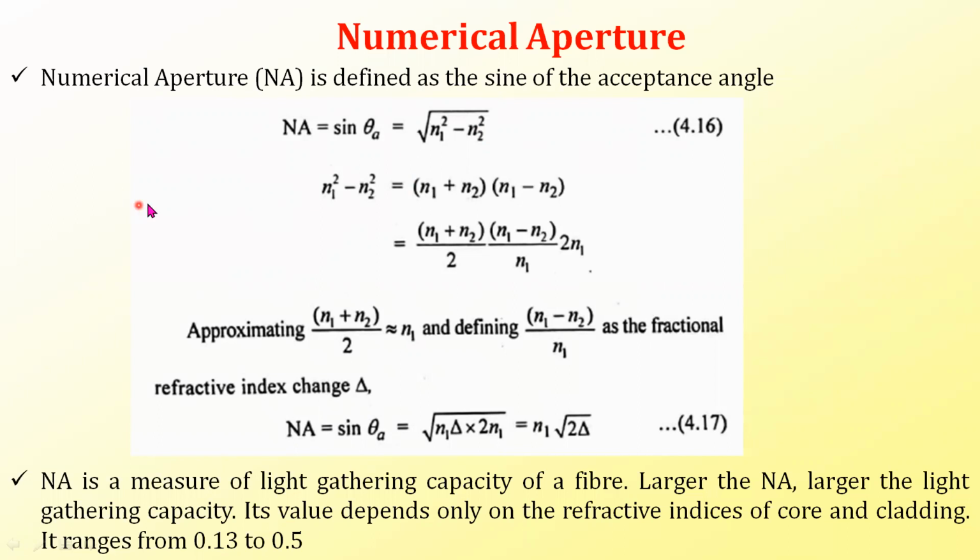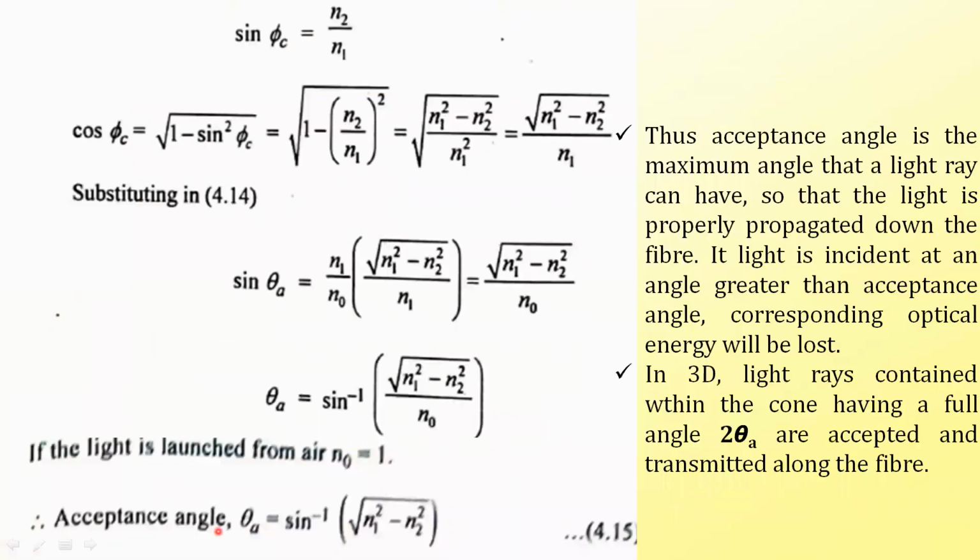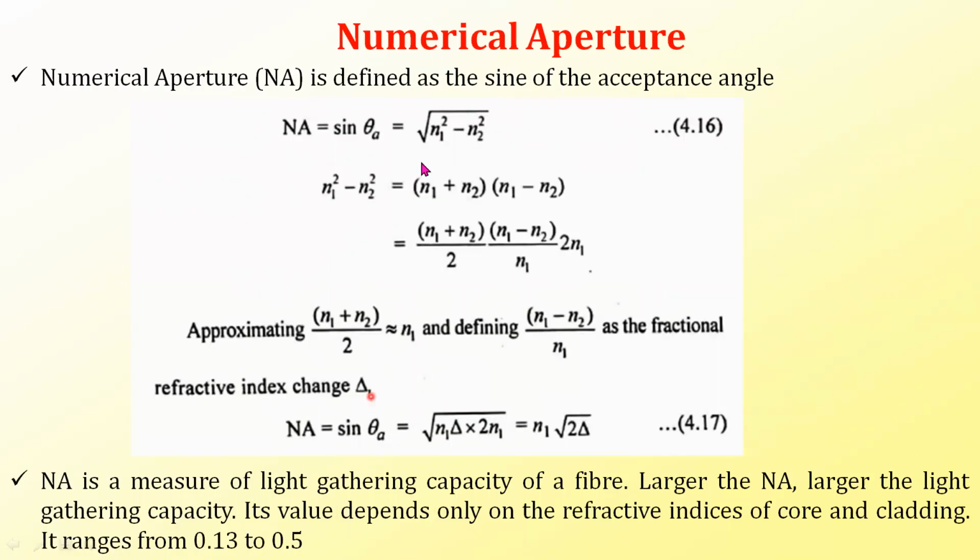In the previous slide, we have seen that theta is equal to sine inverse root of n1 square minus n2 square. The sine of this acceptance angle is called the numerical aperture. That is an important quantity in fiber optics. So sine of theta is equal to root of n1 square minus n2 square. This n1 square minus n2 square can be written as n1 plus n2 into n1 minus n2, or n1 plus n2 by 2 into n1 minus n2 by n1 into n1, just rearranging.